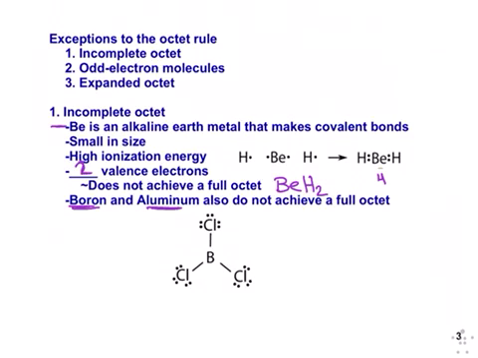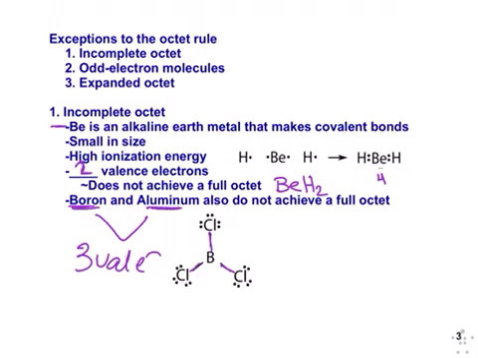Again, these are just elements that you're going to have to memorize that do not follow the octet rule. Boron and aluminum also will not achieve a full octet. Both of these have 3 valence electrons, and so they will only have the 3 available for bonding. You're not going to get 8 out of them. They're just literally not there. There's no way to pull in any extra more.